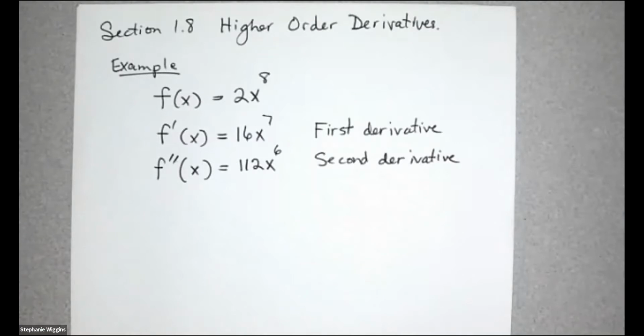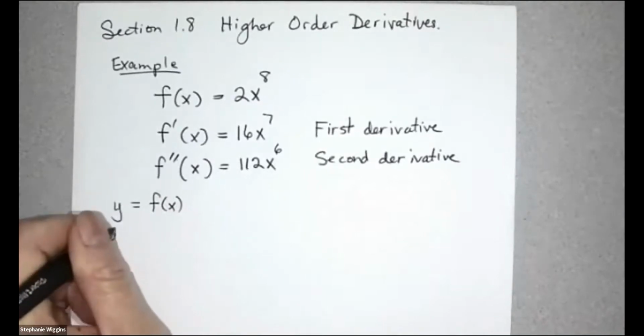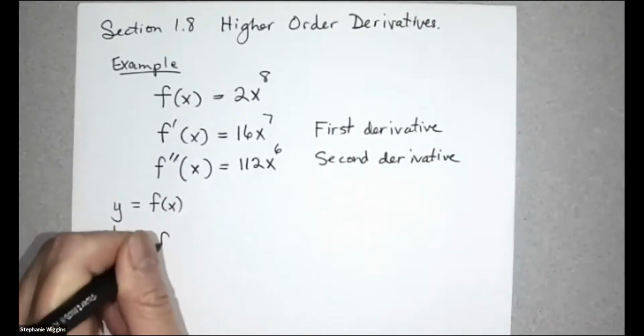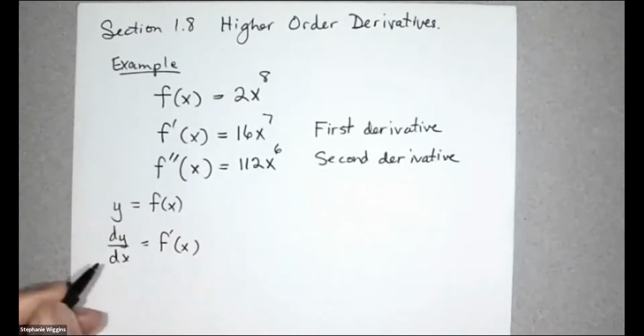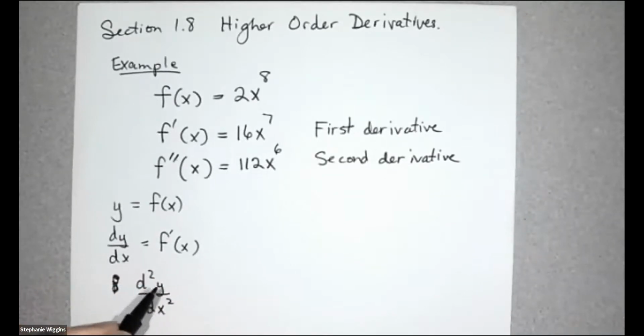The notation that we use here is if y equals f of x and dy dx is f prime of x, then if you take the derivative again, d squared y dx squared, this just means I'm taking the derivative of the derivative, so that's f double prime.